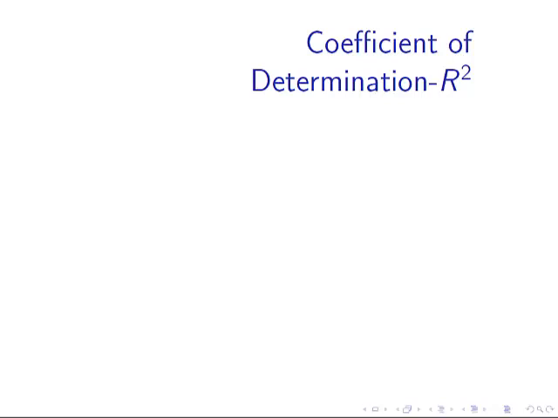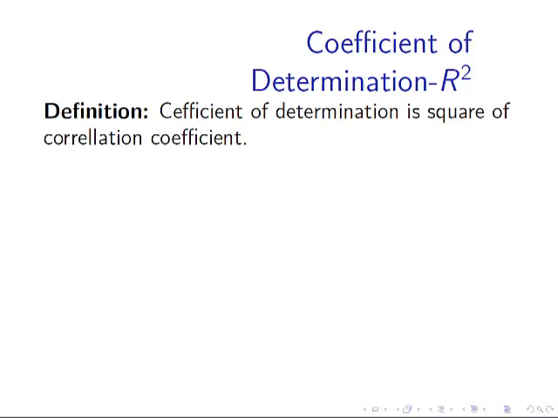The next measure is called the coefficient of determination, which is also one of the measures that describe the relation between two numerical variables.